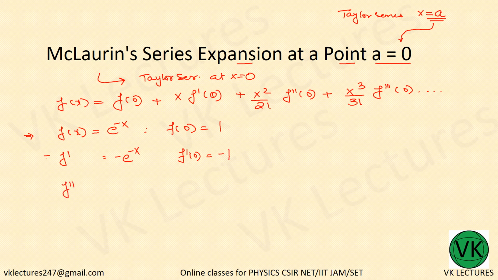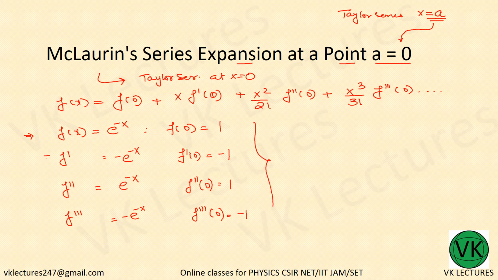Then f double dash is equal to e to the power minus x, because minus 1 gets cancelled, so f double dash at 0 is equal to 1 again. Now f triple dash is equal to minus e to the power minus x, f triple dash of 0 again is equal to minus 1, so it goes on.